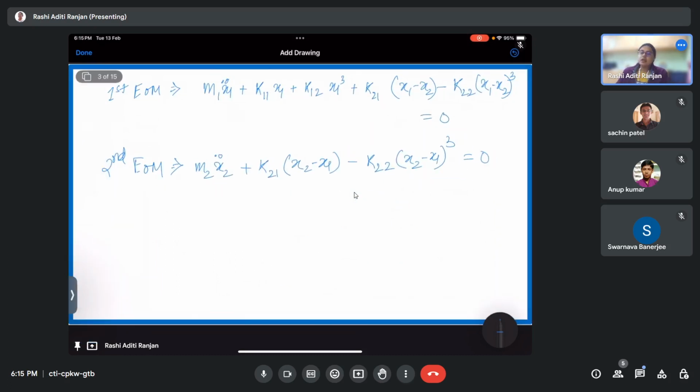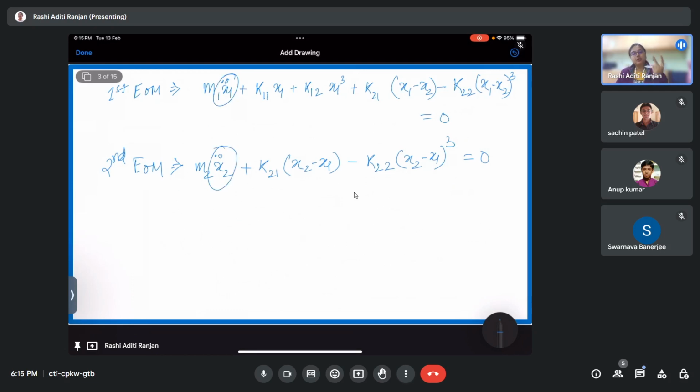So see, both the equations of motion have the second derivative of x1 and x2. Correct. Now, in order to find x1 and x2, I have to integrate twice. From here, I can get the expression of x1 double dot. From here, I can get the expression of x2 double dot.